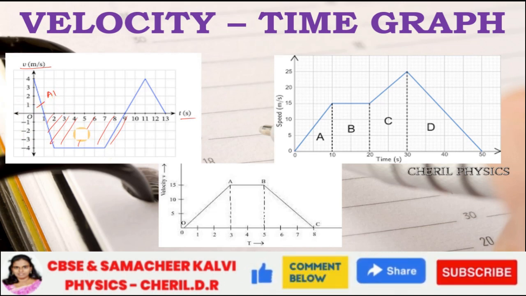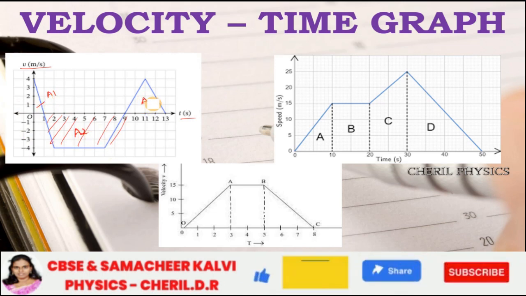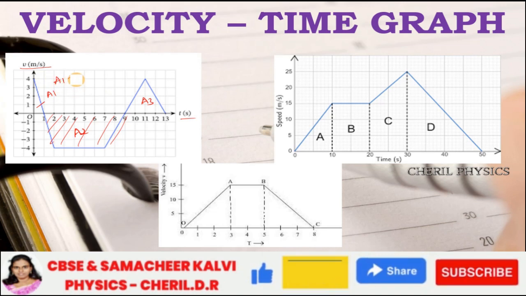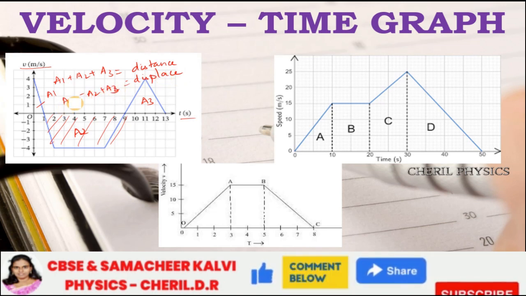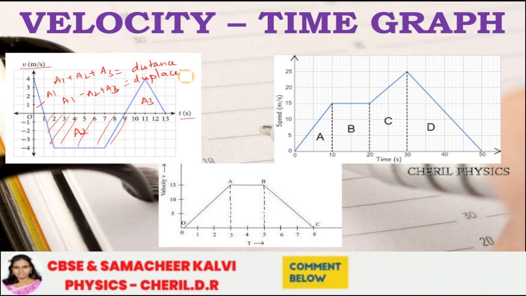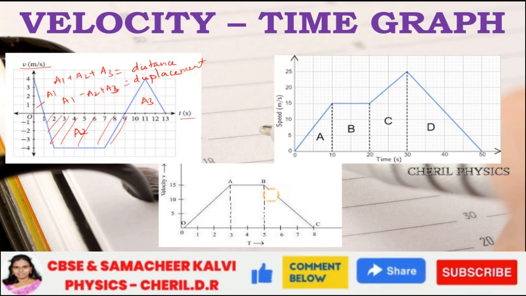So this is A1, A2 and A3. You will be adding A1, A2 and A3 to calculate the distance, and to calculate the displacement you will add A1 and A3 and subtract A2. Here the distance and the displacement are the same.